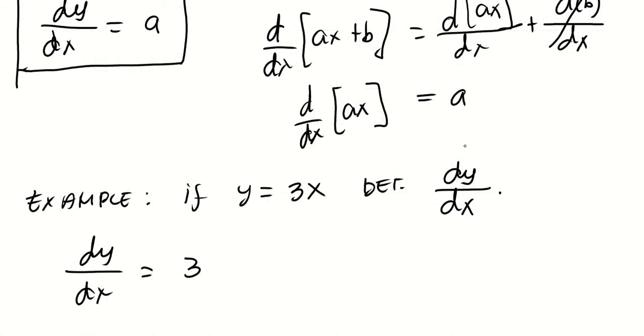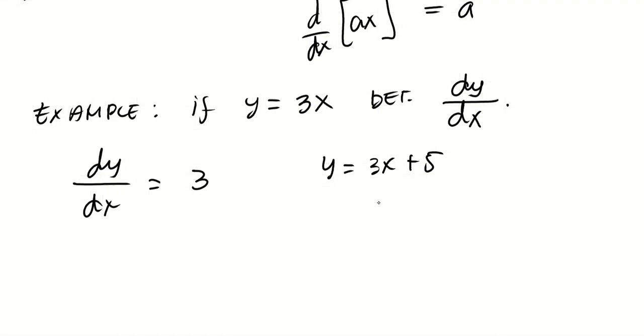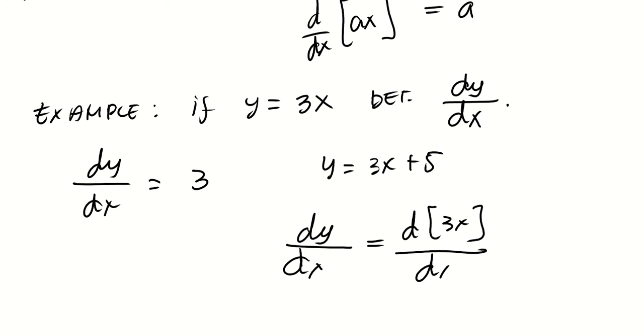So if the problem says y is equal to 3x plus 5, and you take the derivative dy dx, it's the same as the derivative of 3x with respect to x plus the derivative of 5 with respect to x.